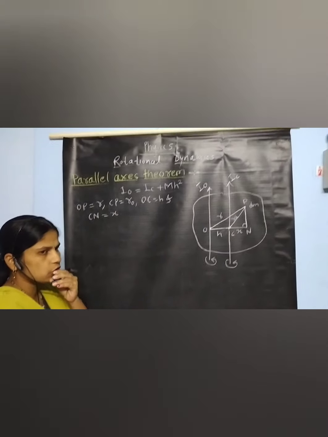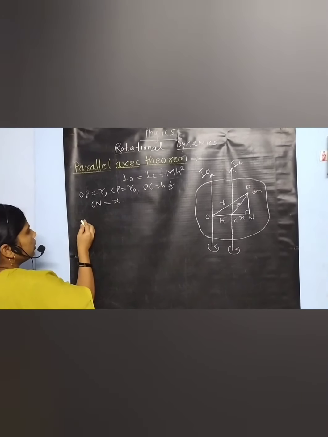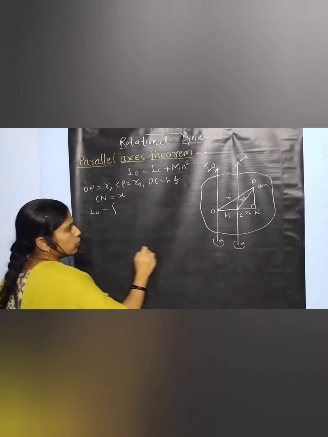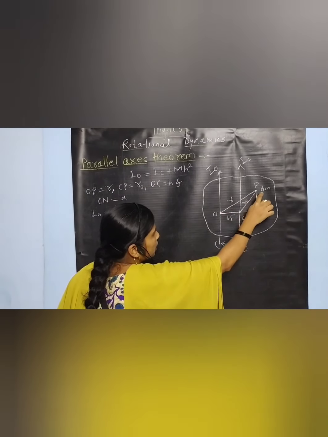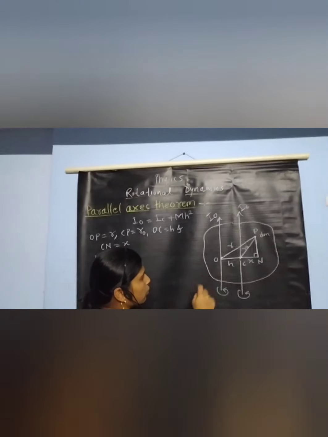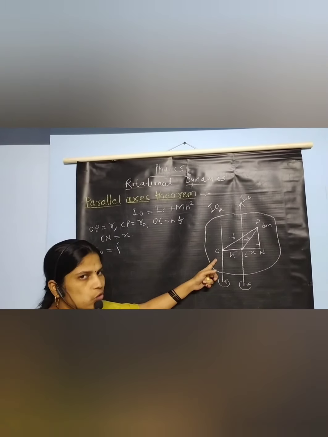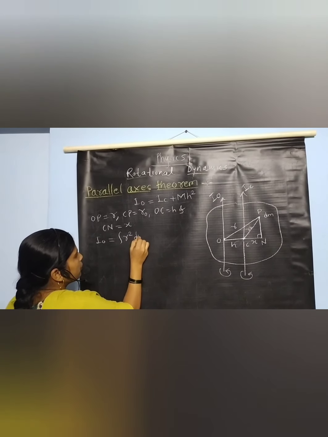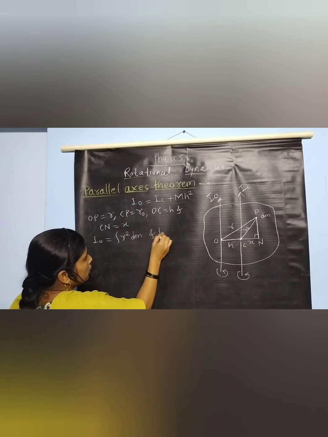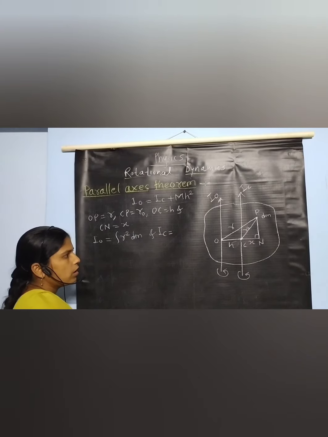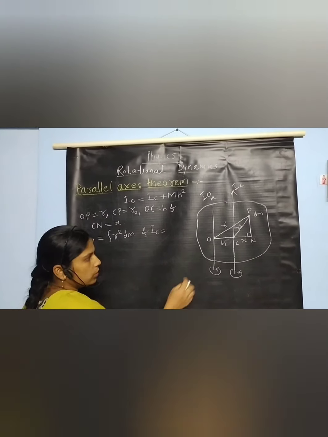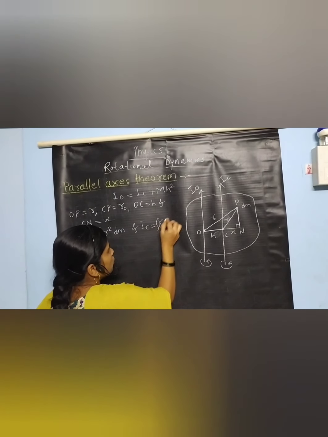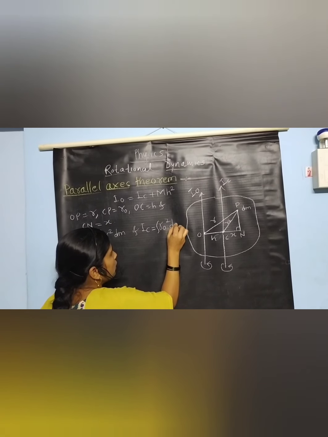Now using the definition of moment of inertia, we get I_O equal to the integration of r square dm, since P is at a distance r from the axis of rotation passing through point O. And the moment of inertia I_C, since P is at a distance r0 from the axis through C, is the integration of r0 square dm.